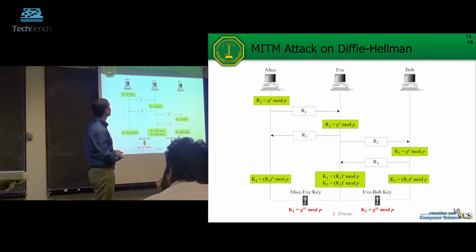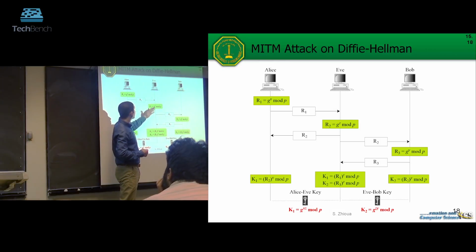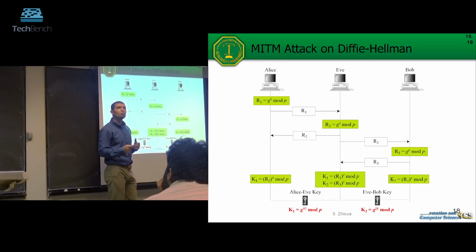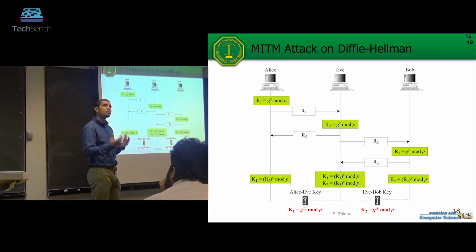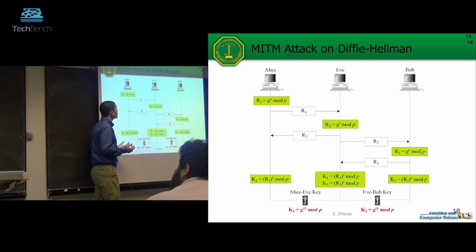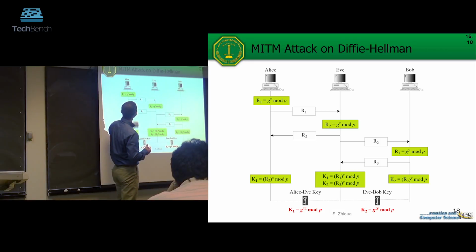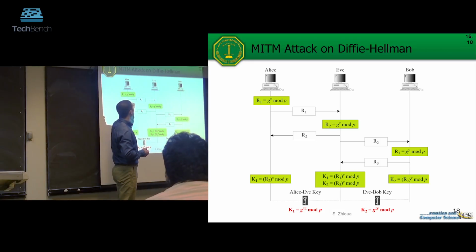The attacker places himself between the sender and the receiver. The attacker cannot break Diffie-Hellman, but takes advantage of the absence of authentication to claim to be Bob for Alice and to be Alice for Bob.